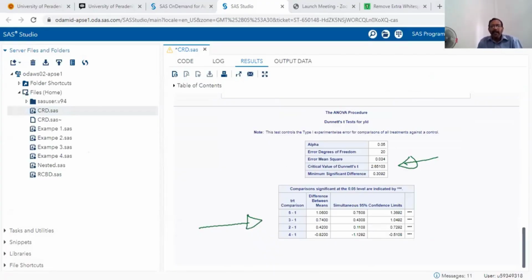Can you guess which one the computer has assumed as control? First. Yes, the first treatment it considered as control. So in your real experiment, if you are doing SAS and need to compare with control, you will always have to enter the control first, as treatment 1.